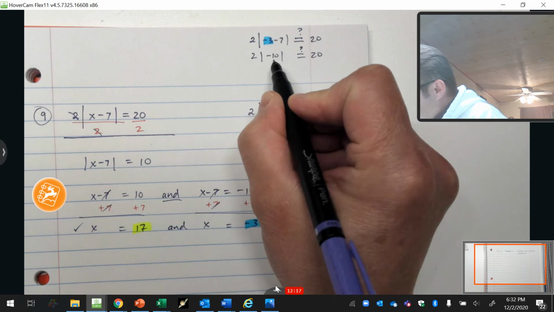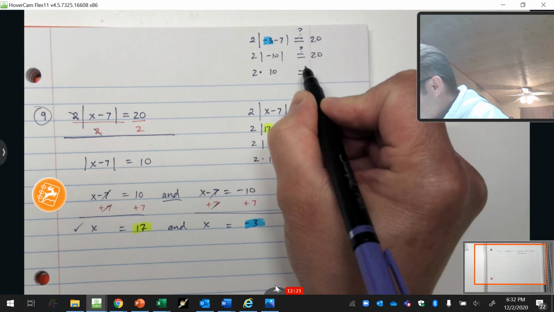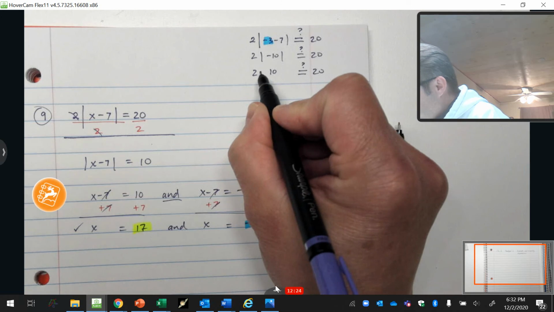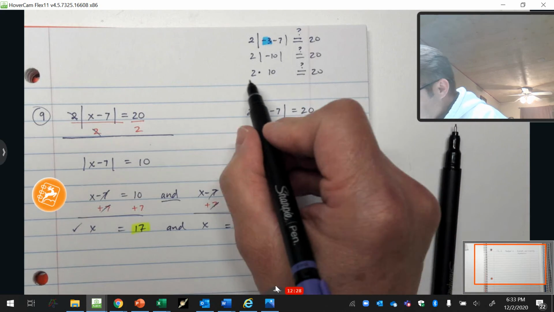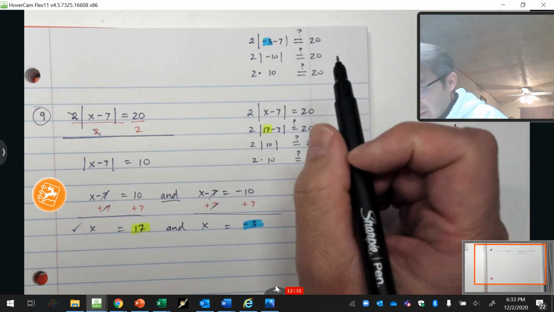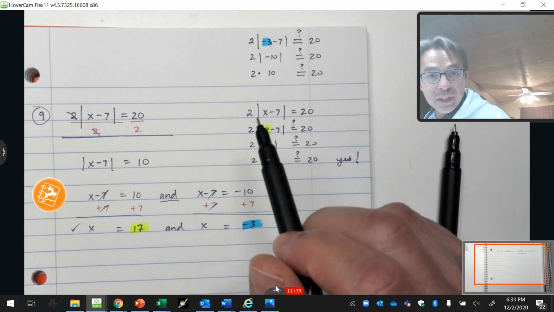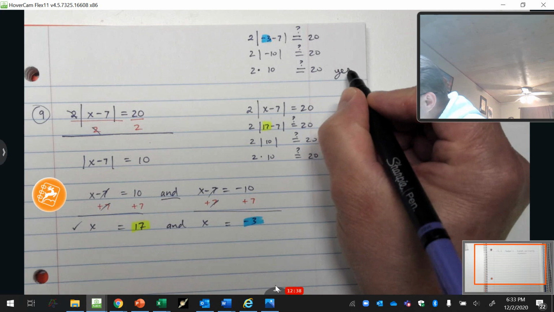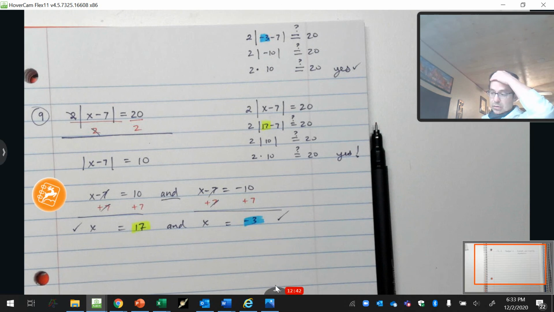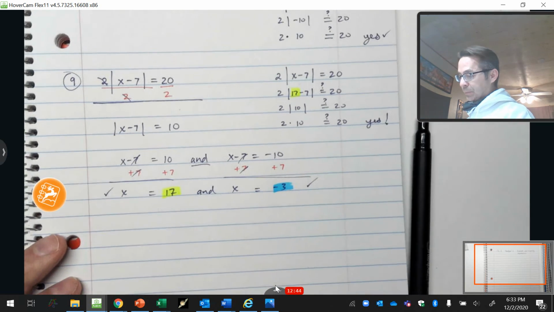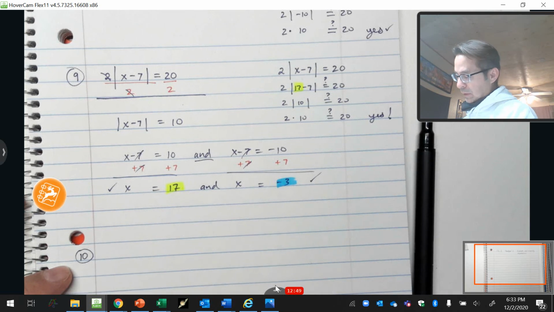Question mark. 2 times absolute value of negative 10 is the same as 2 times positive 10. Does 2 times 10 equal 20? By the way, that's how you say this. This is actually, in math, how you write a question. Does 2 times 10 equal 20 is how you would read it. And the answer is yes, it does. Check. And check. So I checked both answers. Your turn. Just gotta do that one time, okay?